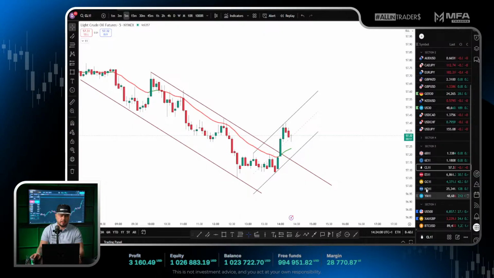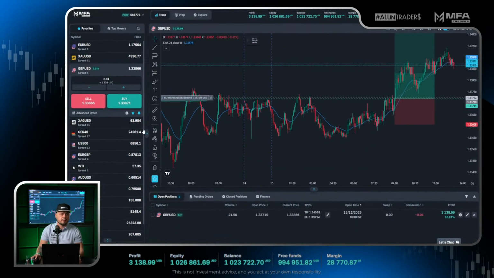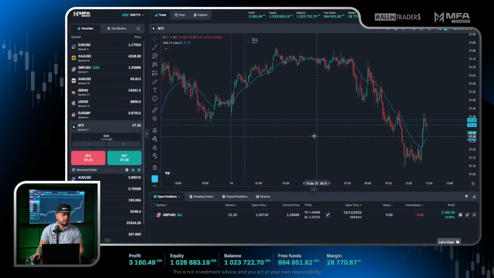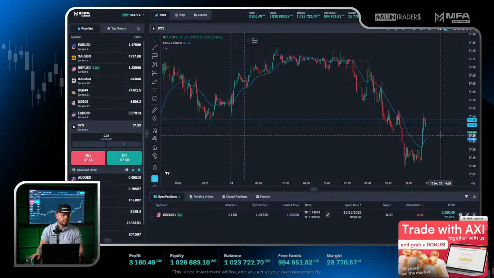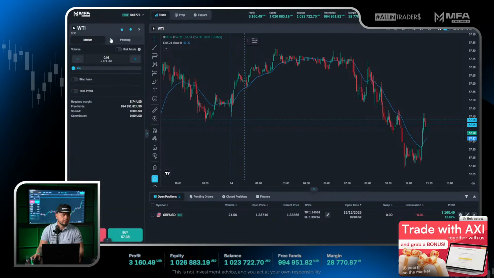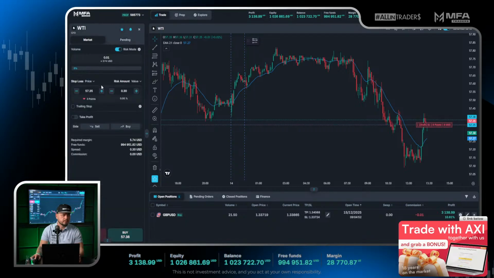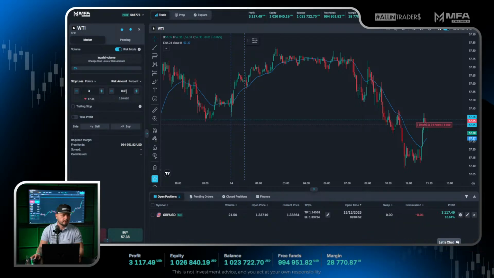Let me just prepare the platform just in case it will happen. Okay, and probably stop loss. Okay, advanced order, risk mode, points, percent.